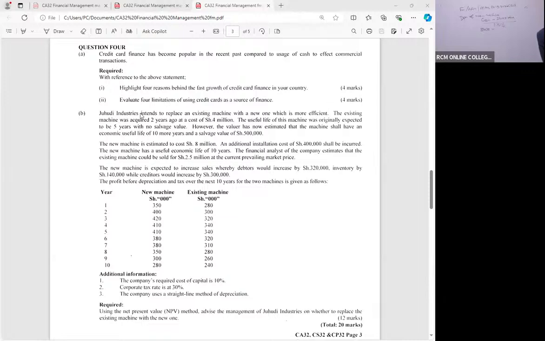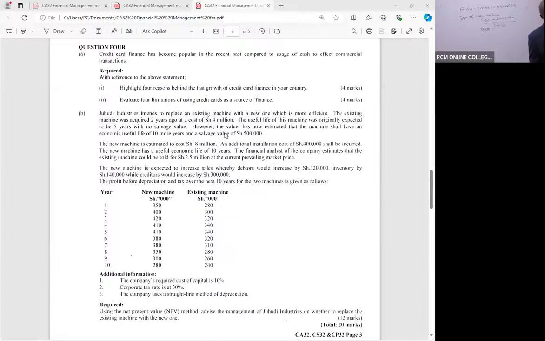The existing machine was acquired 2 years ago at a cost of 4 million. The useful life of this machine was originally expected to be 5 years with no salvage value. Initially, no salvage value. However, the value has now estimated that the machine shall have an economic useful life of 10 more years and a salvage value of 500,000. You see, the existing machine has a salvage value.